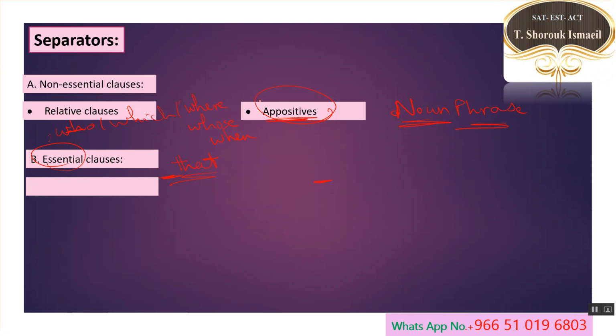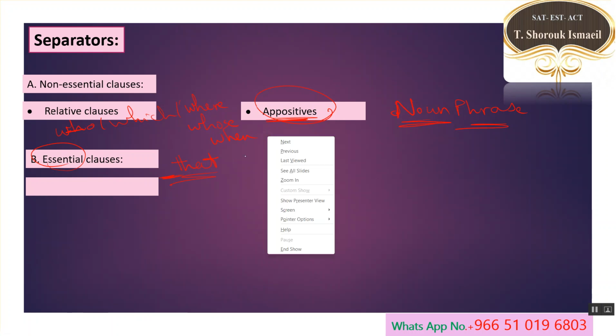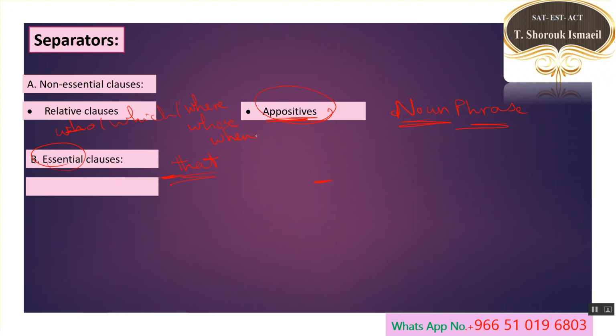But here in the that clause, or the essential clause, there are no commas before or after, because it's essential. Why is it essential? Because the sentence cannot stand on its own if you delete or drop it.